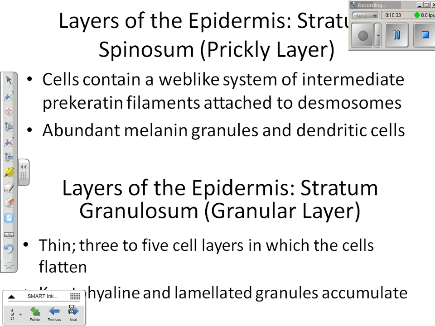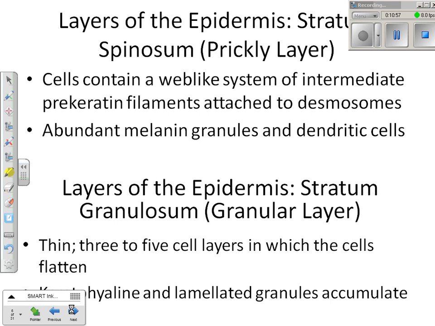Also, lots of melanin granules and dendritic cells in this layer. So this is a super important layer. And remember, keratin is going to prevent us from drying out, and melanin protects our DNA from UV radiation, such as the sun. Then the next layer out is called the stratum granulosum, or the granular layer.